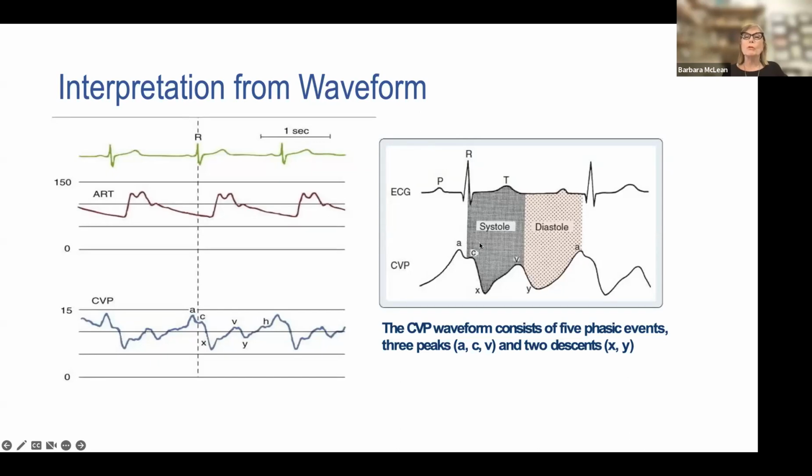C wave, closure of the valve. And then, because I'm not actually in the ventricle, I'm looking at the atria, it fully relaxes, and I get my first descent, the atrial relaxation descent, known as the X wave or the X descent. So atrial contraction, closure of the valve, atrial relaxation, X, okay?